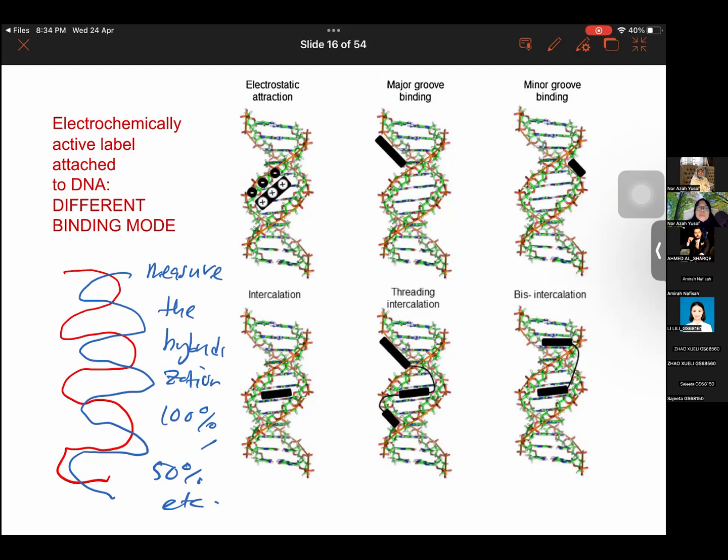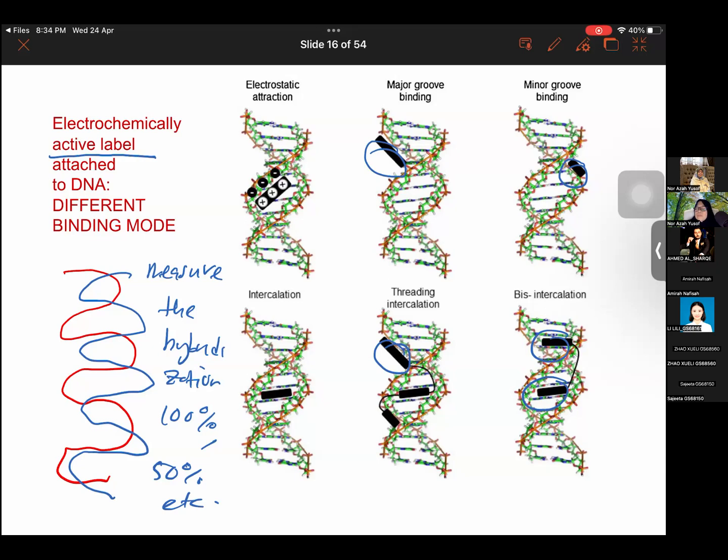If we choose the electrochemical method, then we need to have an indicator that is electroactive. The black material that you see here is what we call a hybridization indicator. So if we are using an electrochemical technique, we must use an electrochemically active indicator.